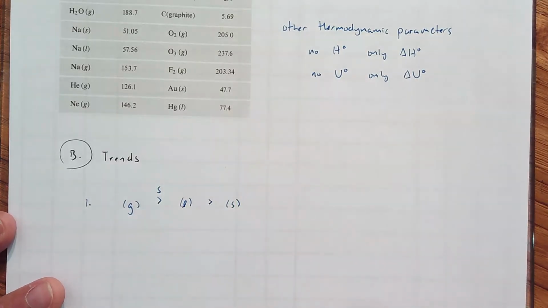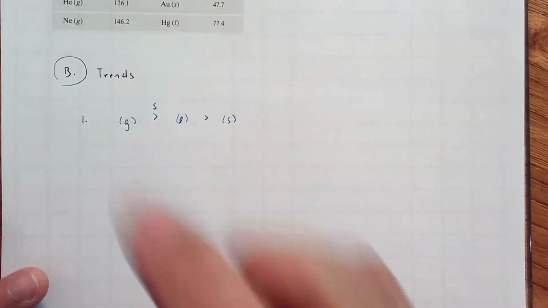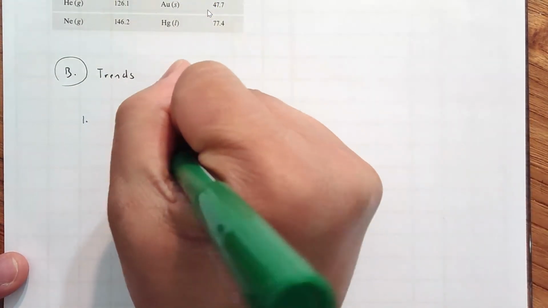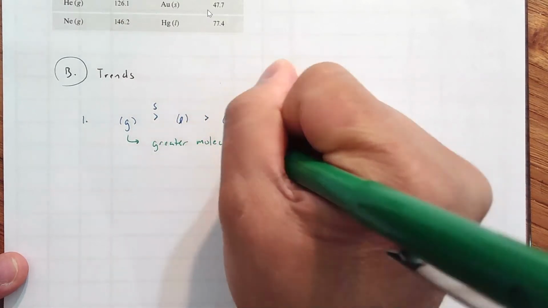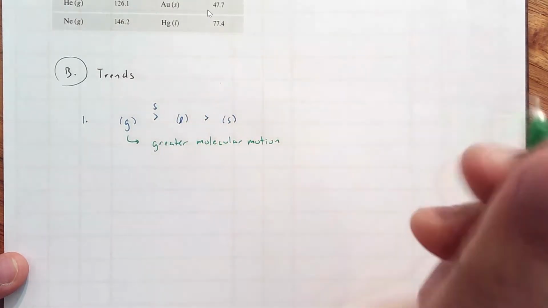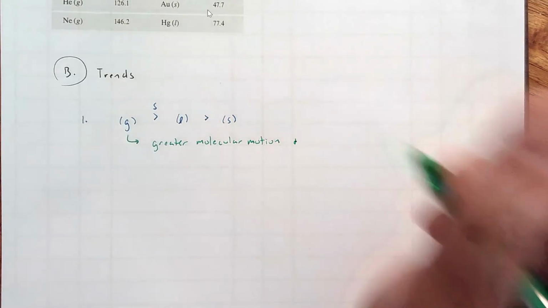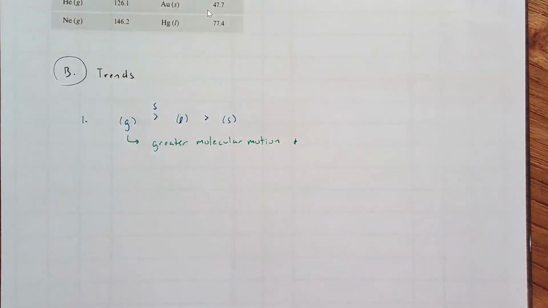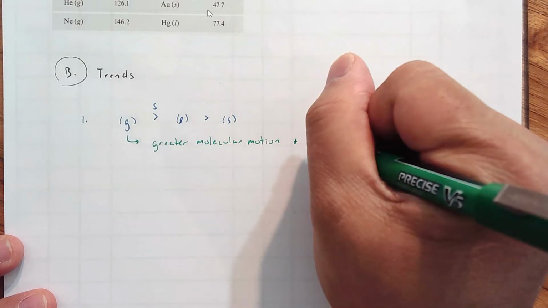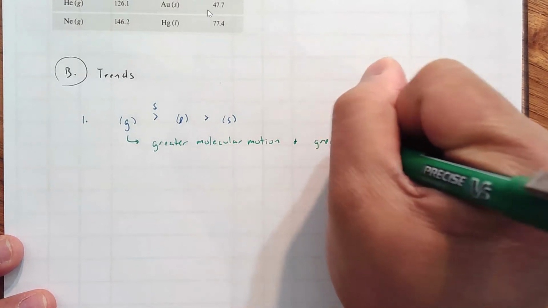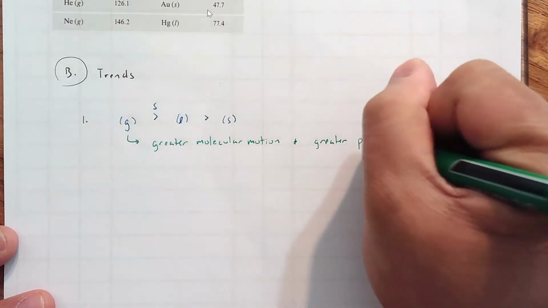But there are specific reasons for that. The gas is due to greater molecular motion and possible arrangements of atoms in a defined volume. Greater molecular motion and greater possible arrangements.